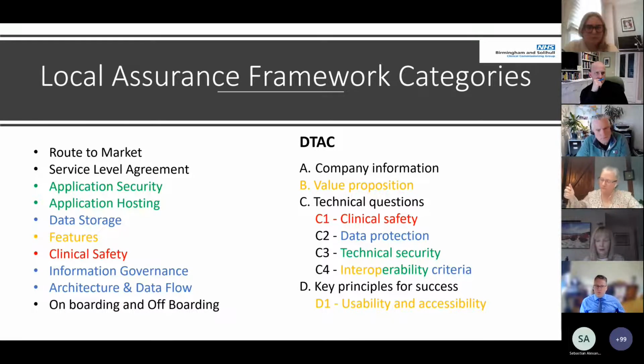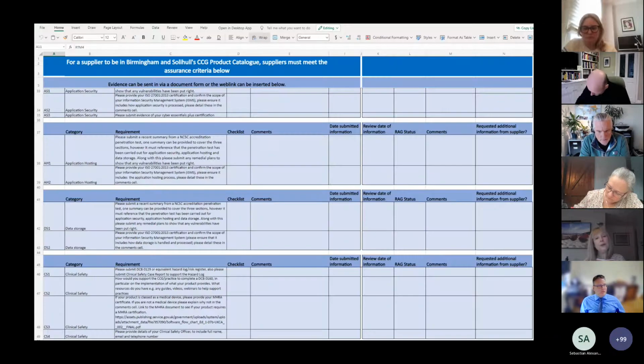That was the first bit of localization for us, in order to make this practical. So it is not just a theoretical tick box exercise, but actually something that we can use in our local implementations. So this is our framework. Don't worry about any of the detail.